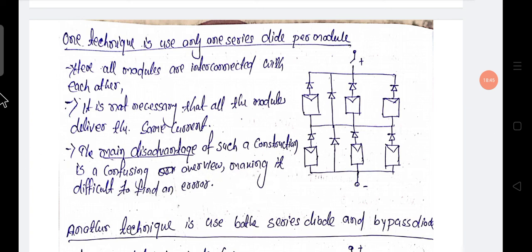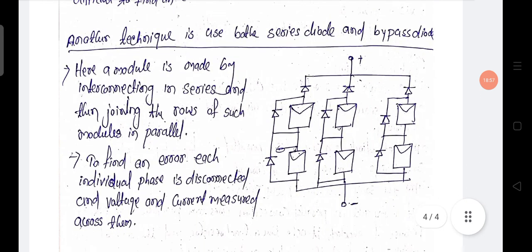Here you see a bypass diode is connected, and one series diode is connected. This is one technique, and this is also one technique. The difference is that a bypass diode is there, but individual series diodes are there for each module.